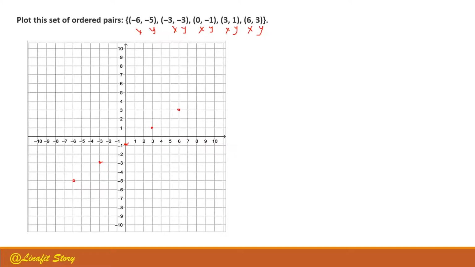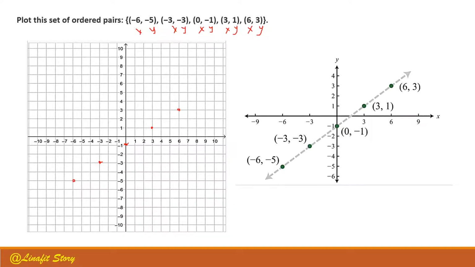Then, join the points in order with straight lines. In this example, the points appear to be collinear, or lie on the same line.